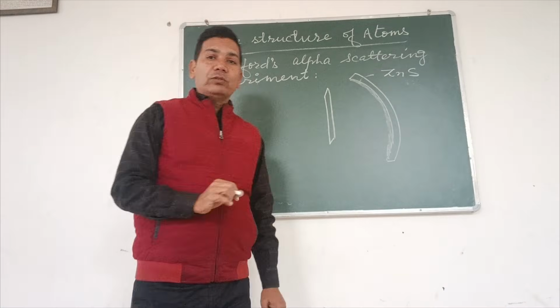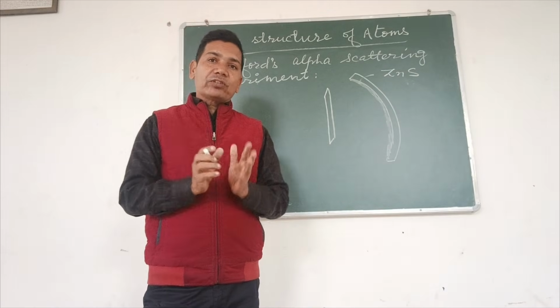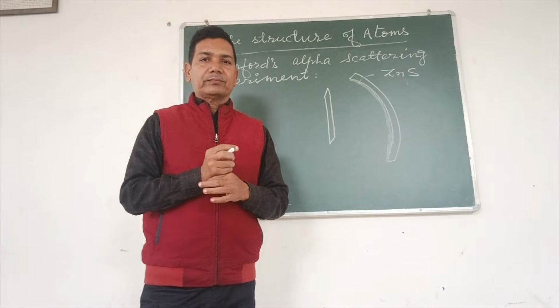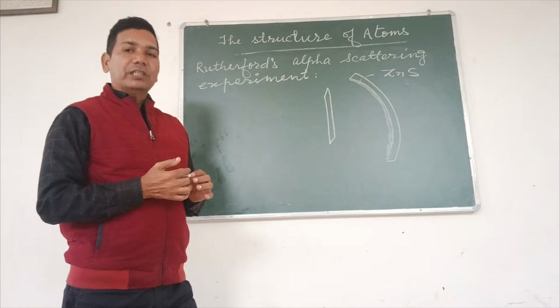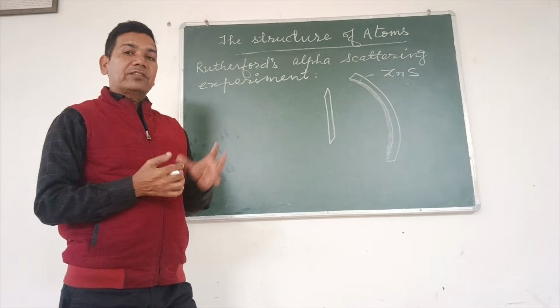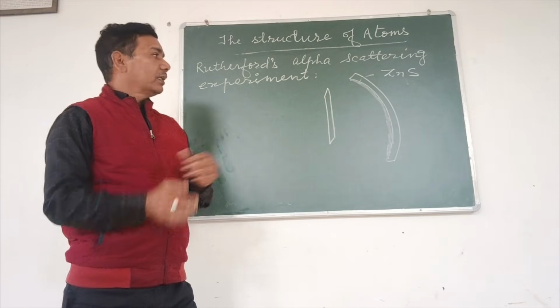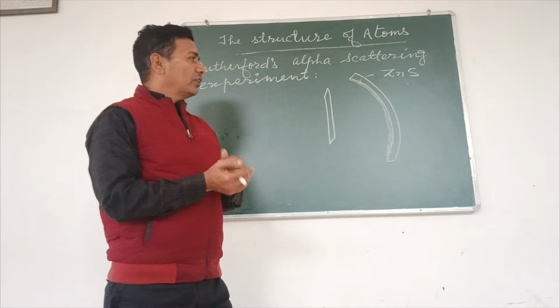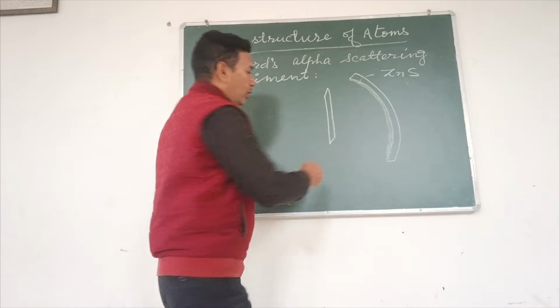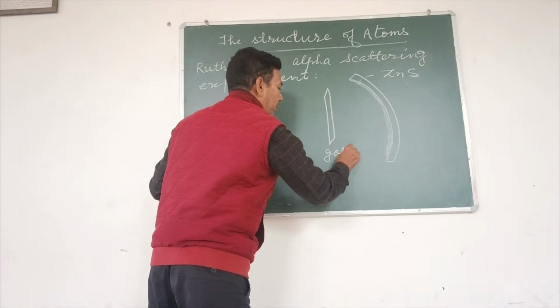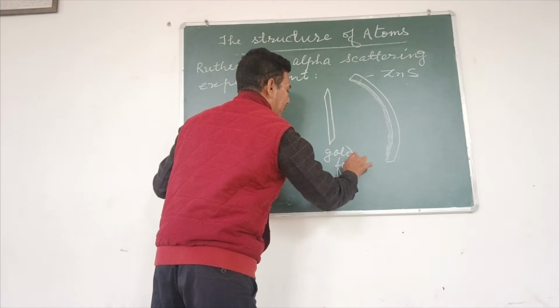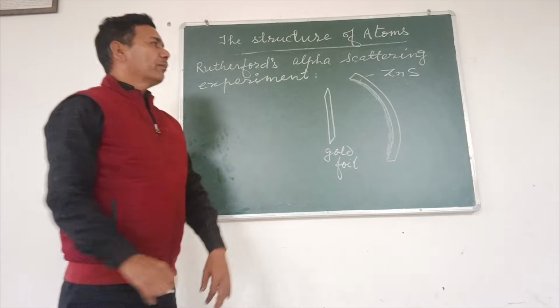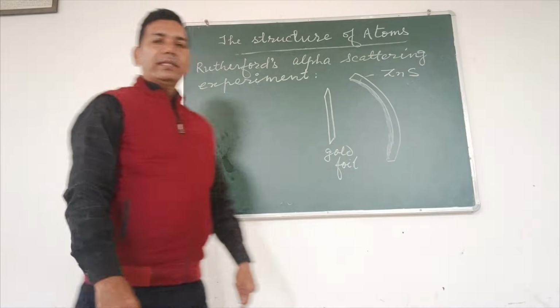Zinc sulfide is a fluorescent material. When light falls on it, it shines. Therefore, Rutherford put a sheet coated with the fluorescent material zinc sulfide behind the gold foil.